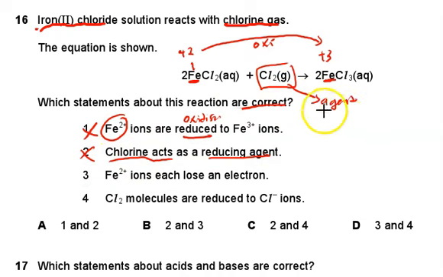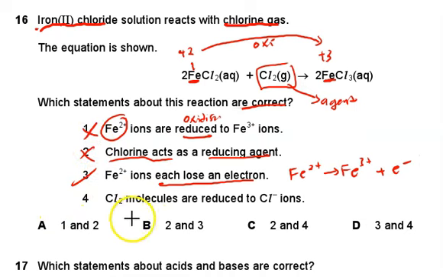It is oxidizing agent. Iron 2 plus each loses an electron. Yes, it's correct. Because iron 2 plus will form iron 3 plus by losing an electron. Yes, it's correct. So the chlorine molecules are reduced, yes, this is reduced because it is gaining the electrons. Okay, so your answer here should be 3 and 4, which is D.